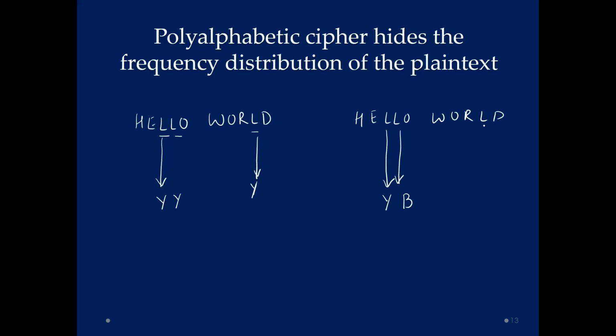So second time when L occurs, we'll map it to some other letter, maybe B. Then the third time the L occurs, we'll map it to another letter, maybe X. So every time L occurs, it is mapped to a different letter, thereby confusing the attacker. So it becomes very difficult for an attacker to predict the corresponding letter in the plain text from the ciphertext.